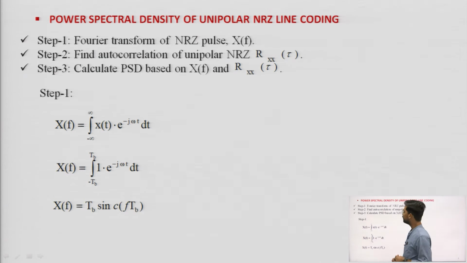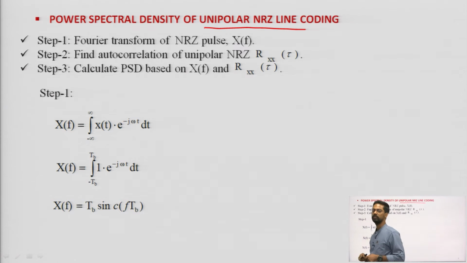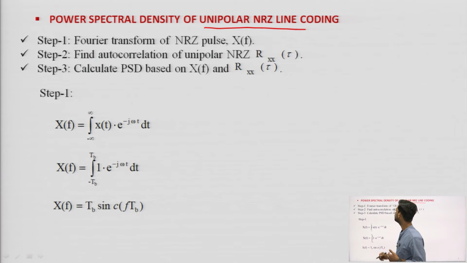So to find the power spectral density of unipolar NRZ line coding, we have to follow 3 steps. One, first of all we have to calculate the Fourier transform of the NRZ pulse, that is in the frequency domain X of f.